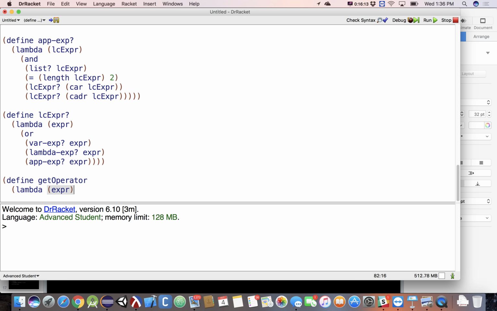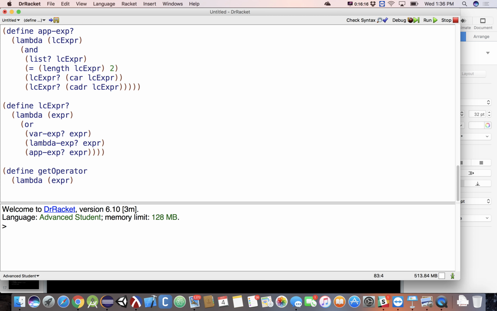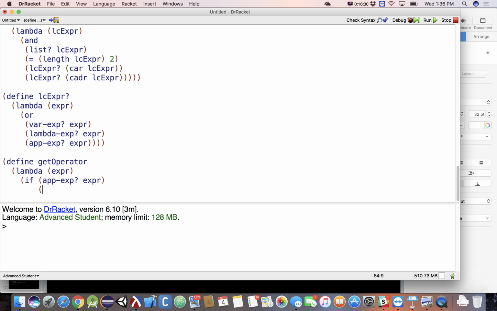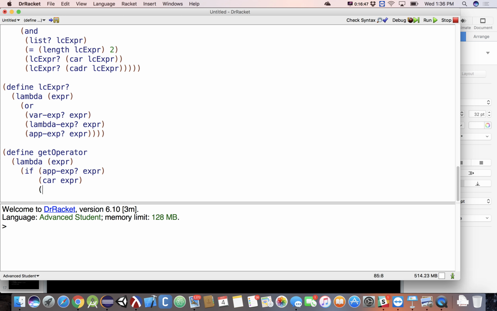And if we want to go ahead and use our guys, you didn't have to do this part, we'll say if app expression EXPR, if that guy's true, then go ahead and return the car of our expression. Otherwise, maybe boil down to false, something like that.